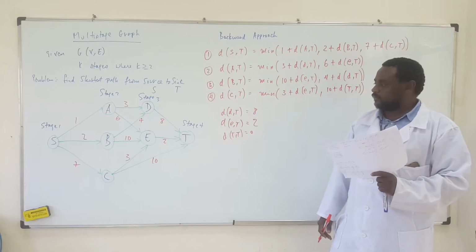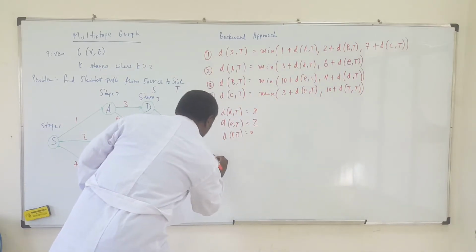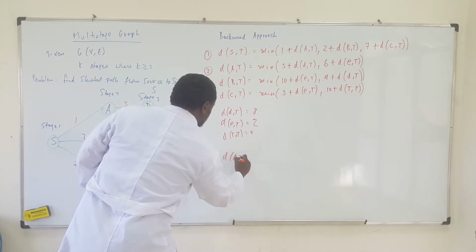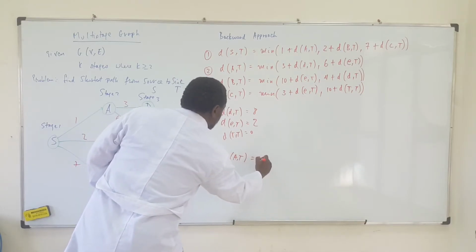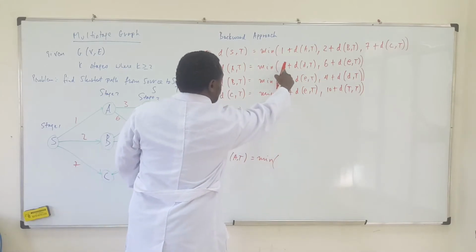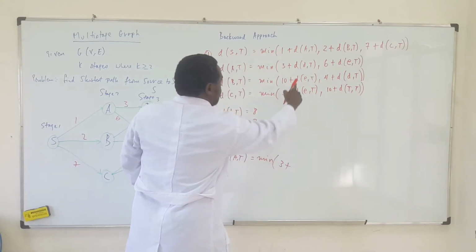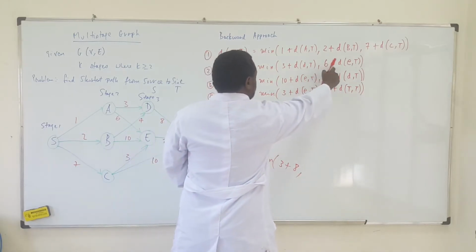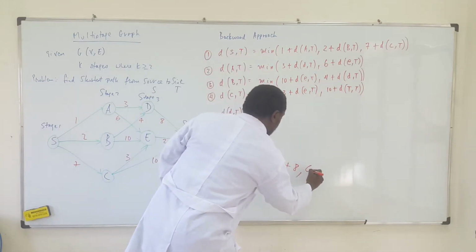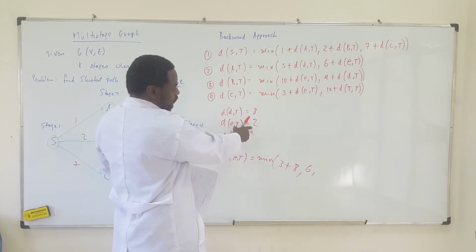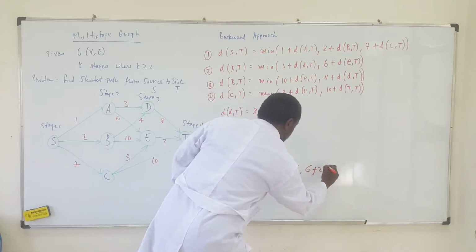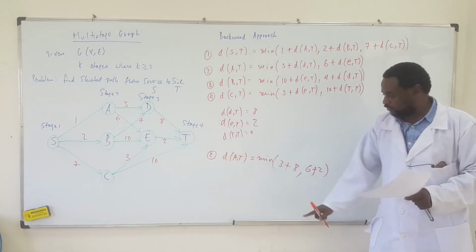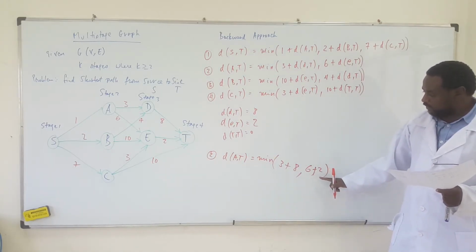So looking at equation 2, which is A to T: the minimum of 3 plus D to T, which is 8, or 6 plus E to T, which is 2. So it is the minimum of the two.